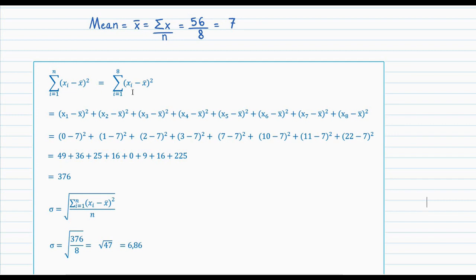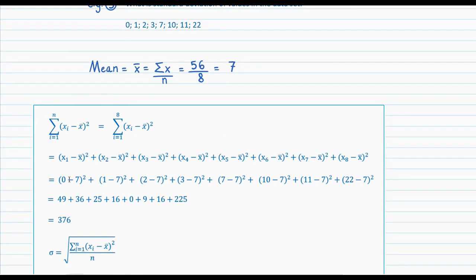Written out in full, you have x1 minus the mean squared plus x2 minus mean squared plus x3 minus mean squared, and on and on up to the last term, which is x8, where it becomes x8 minus the mean squared. Then you just sub in the respective values, which were 0 minus 7 squared for the first term, plus 1 minus 7 squared plus 2 minus 7 squared, and on, plus 22 minus 7 squared.